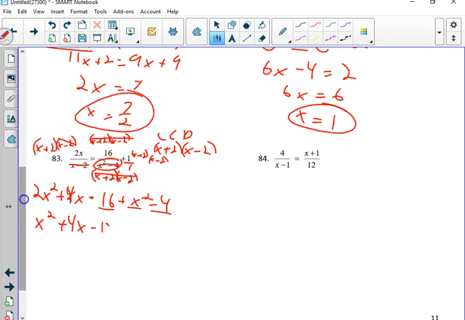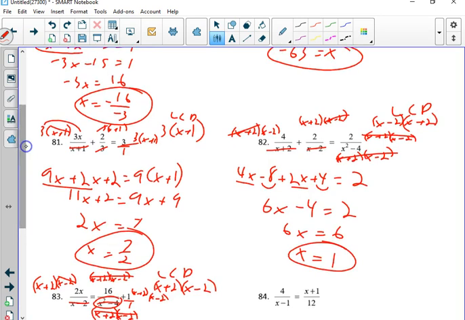Let's subtract that over and get 0. Now I just factor. Two numbers that multiply to give me 12 that differ by 4. That's 6 and 2. I want more positives, fewer negatives. So my solutions are negative 6 and 2.